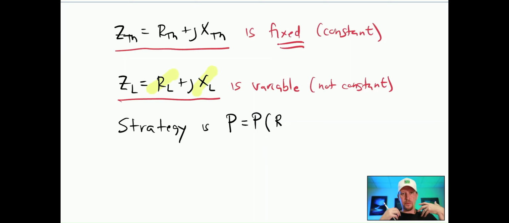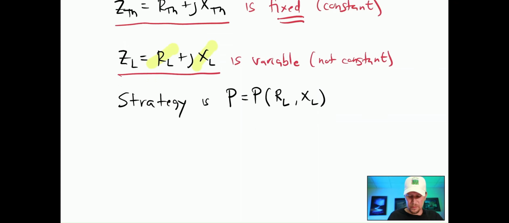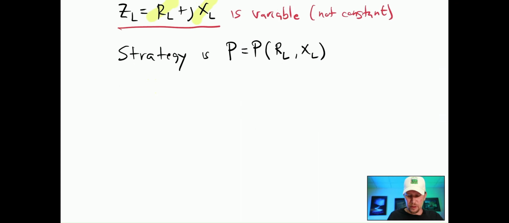We have control over the load resistance, and we also have control over the load reactance. So here we're going to rewrite it as a function of the load resistance and the load reactance, and then we're actually going to maximize this function using calculus. Right? But let's concentrate on the first part. Let's actually find this, and then take the partial derivatives.